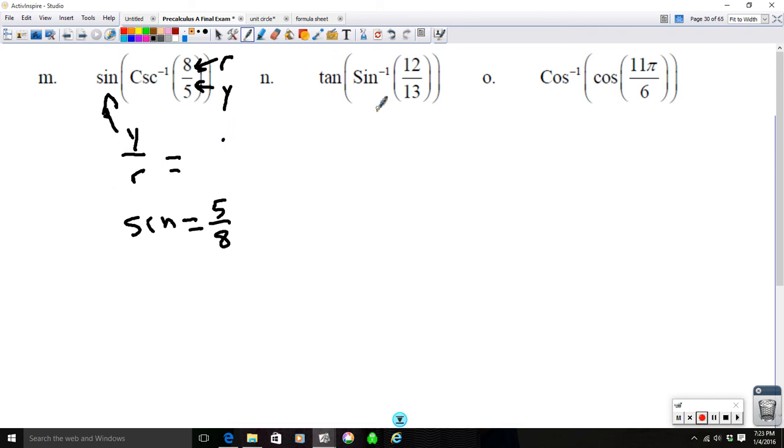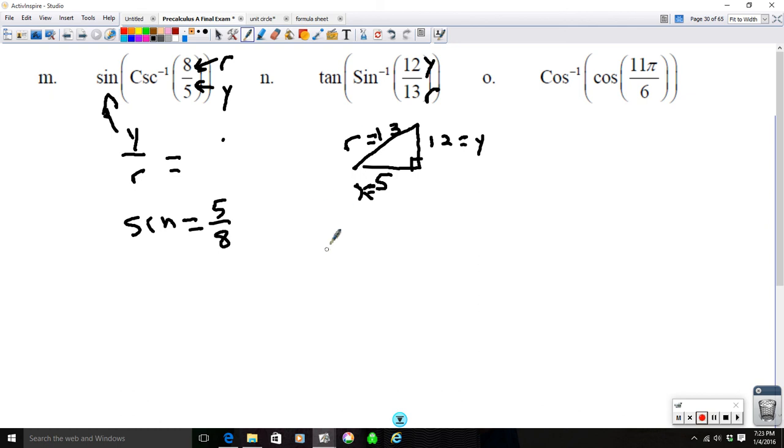For the sixth problem here, we do need to make the triangle here. So sine again is y over r. So we have an r of 13, a y value of 12. You're going to use the Pythagorean theorem or Pythagorean triplets to know that it's a 5, 12, 13 triangle. So this is y. This is x. This is y. And this is r.